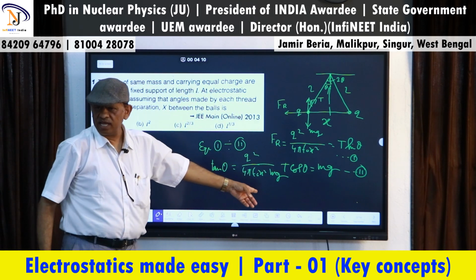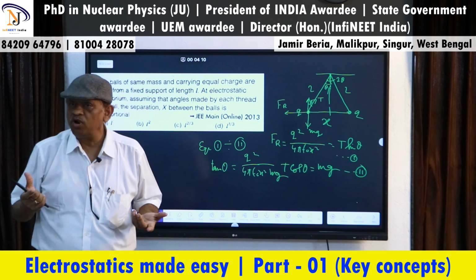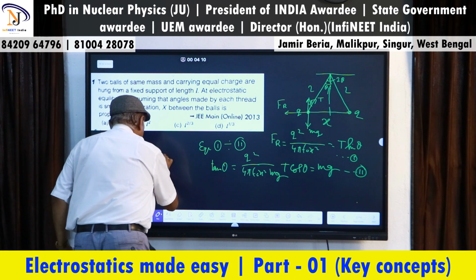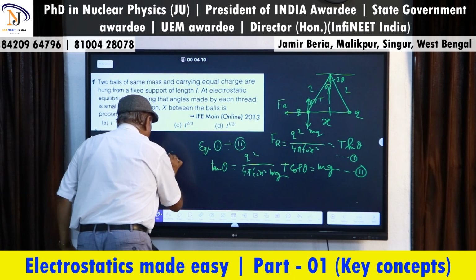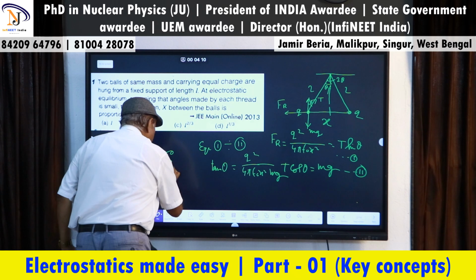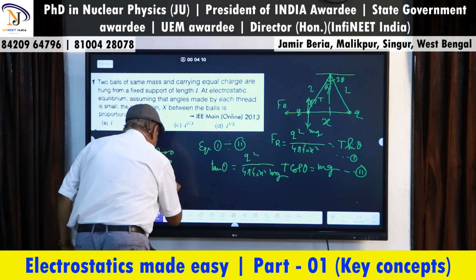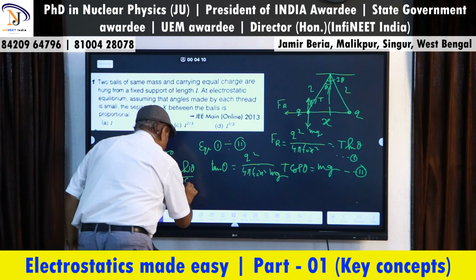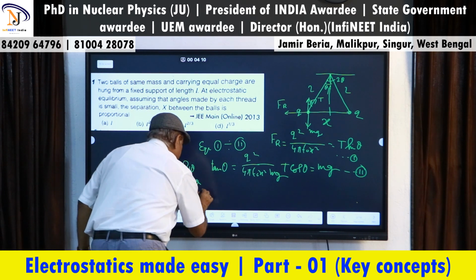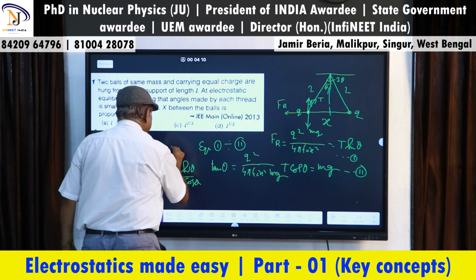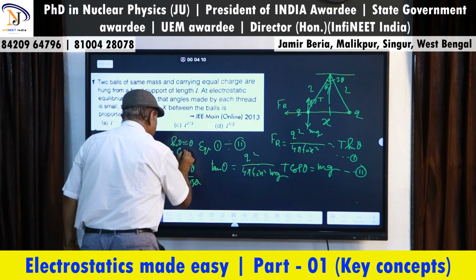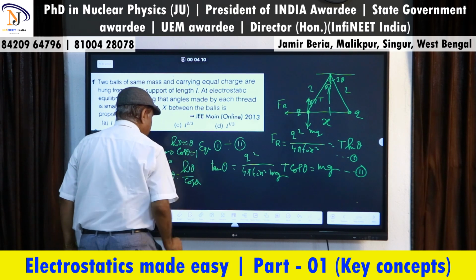This is tan theta. If 2 theta tends to 0, then theta tends to 0, and tan theta equals sin theta by cos theta. Am I clear? Then as theta tends to 0, sin theta is approximately equal to theta and cos theta is approximately equal to 1.